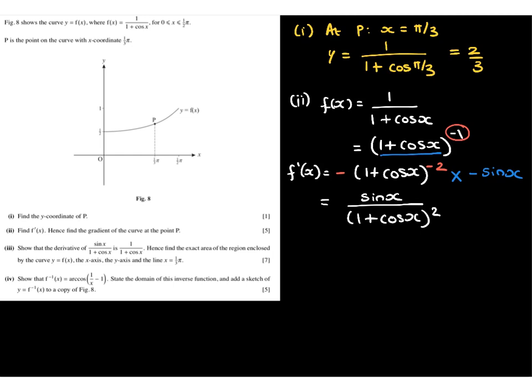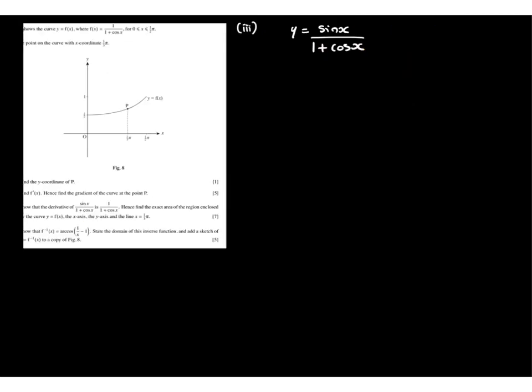Now, hence find the gradient of the curve at the point P. So remember, at P, we know that x is pi by 3. Let's substitute that into the gradient formula. And the gradient equals 2 root 3 over 9. So we've been asked to show that the derivative of sine x over 1 plus cos x is equal to 1 over 1 plus cos x, which happens to be this equation up here.